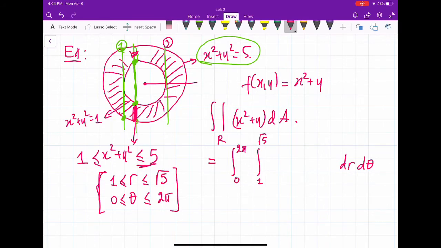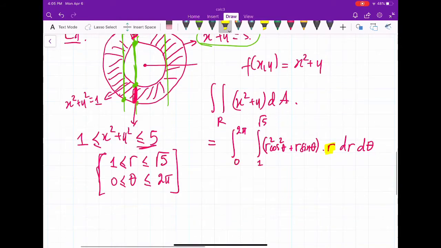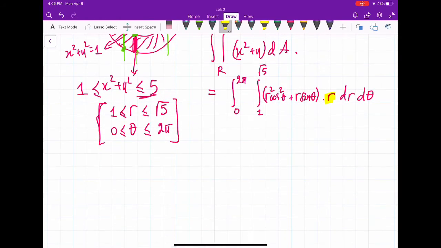So I have r squared cosine squared theta plus r sine theta, times r. Don't forget this: we have an extra r when we use polar coordinates to evaluate integrals.